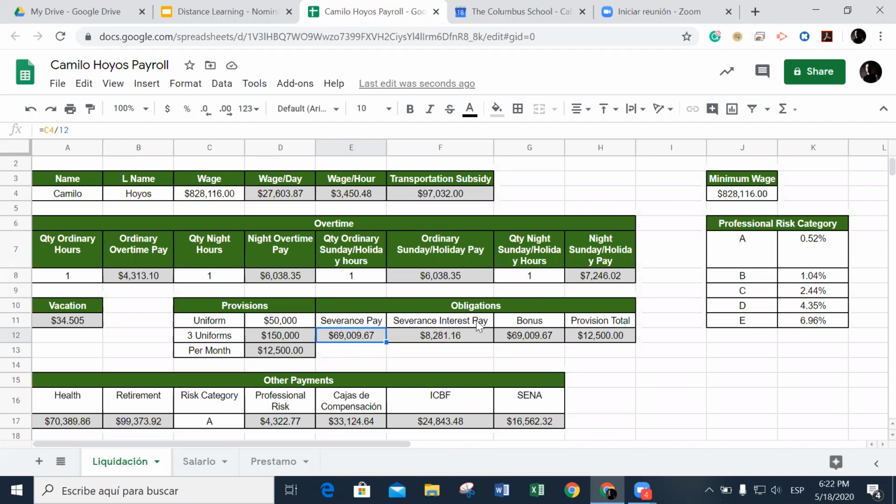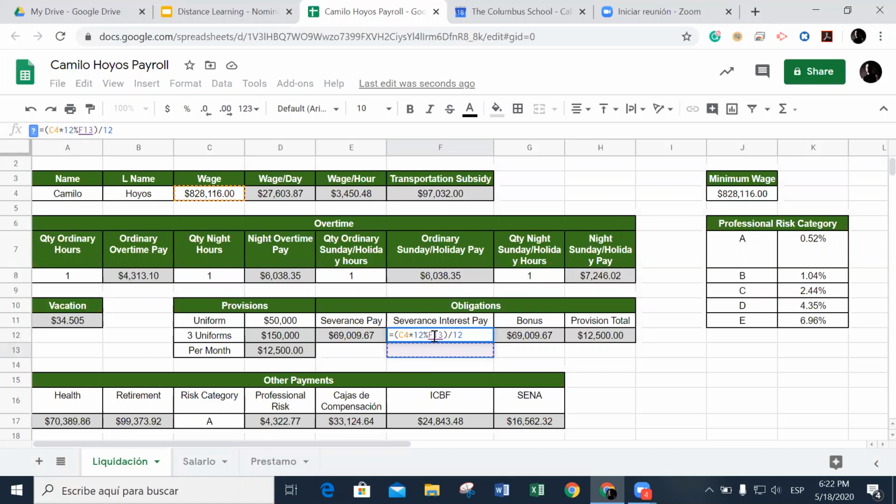Now the severance interest pay, that is the interest that this pay accumulates. Why? Because I'm paying it per year. So now this interest is, according to the government, 12%. Yeah, it's 12% of that amount.